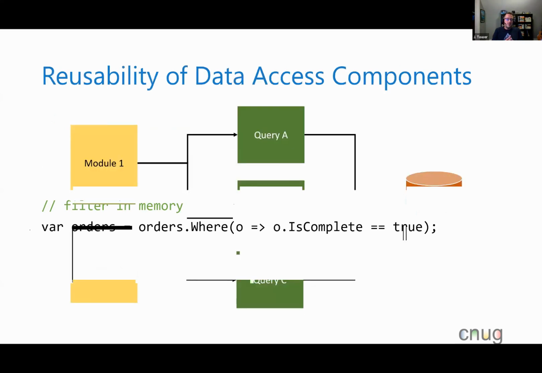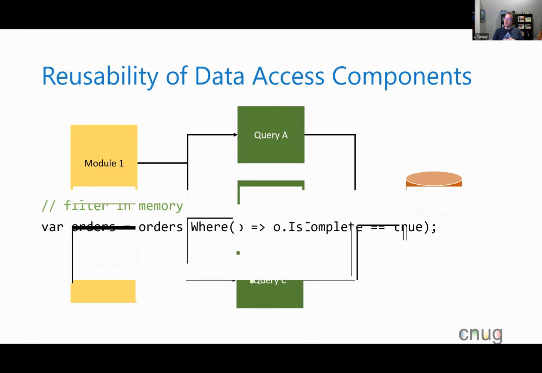The other thing I like out of a data access component is code reuse. If I have a query that is only used in one place, that's not uncommon, but I might also want to have a query like query B in this diagram that I can reuse in a couple different places.